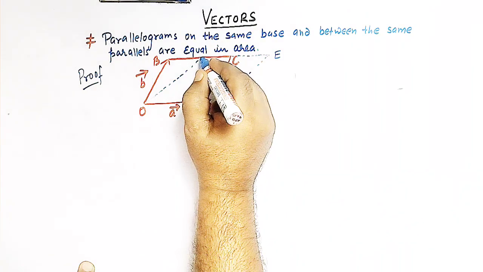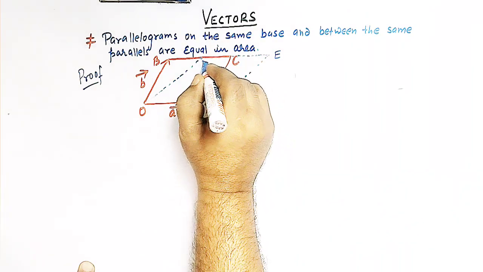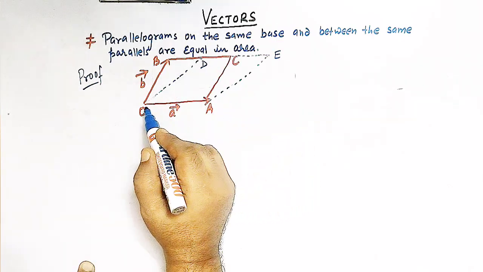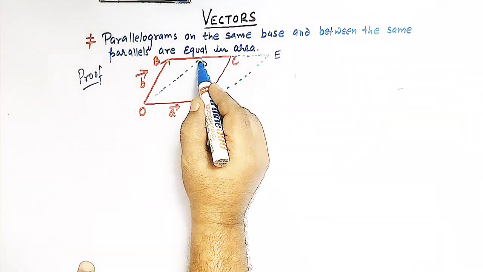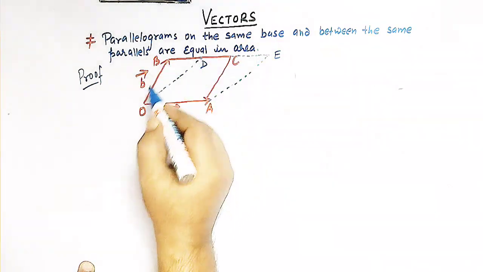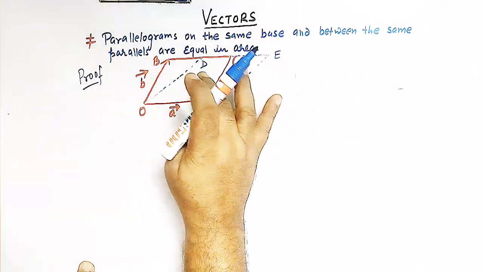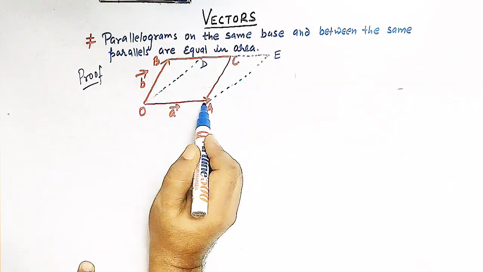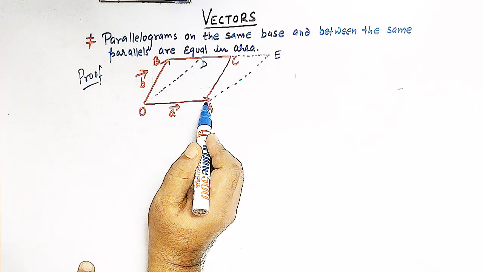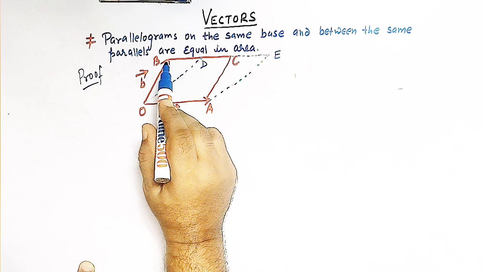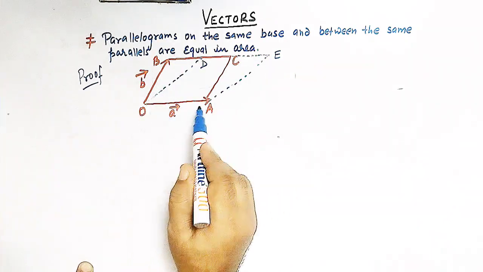So here we can take this point as the point D. So we can now have another parallelogram OAED, right? And the first parallelogram was OACB. So these two parallelograms are on the same base, that is OA, and between the same parallel lines, that is BE and OA.